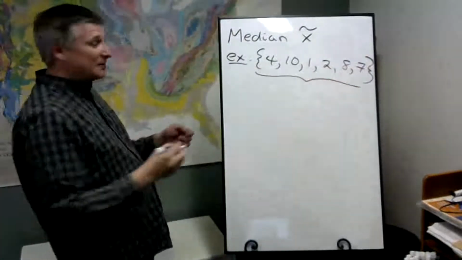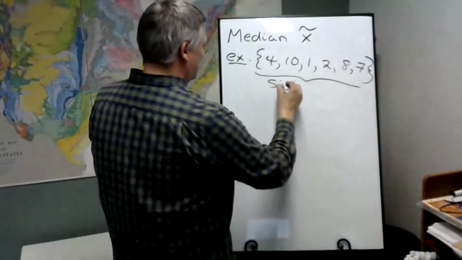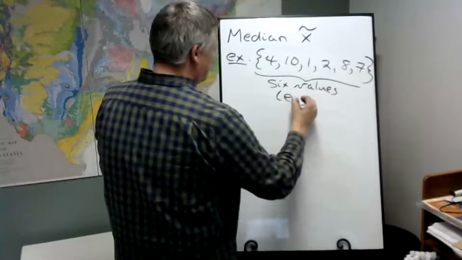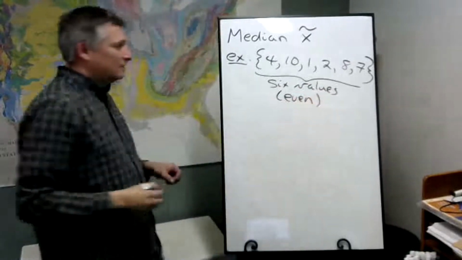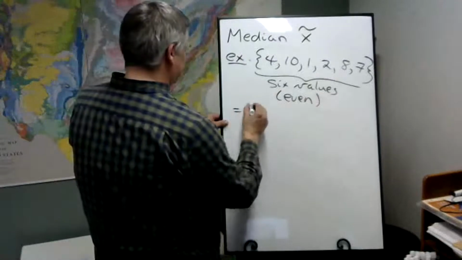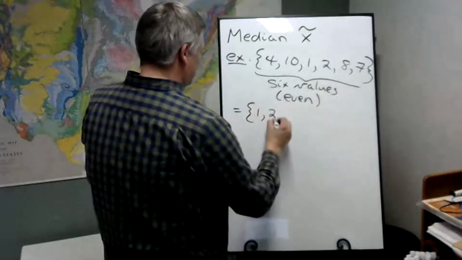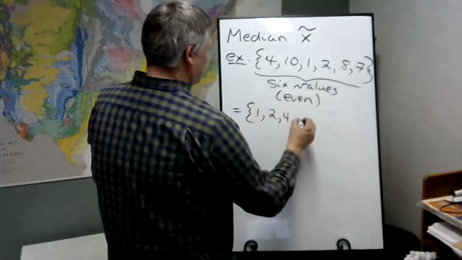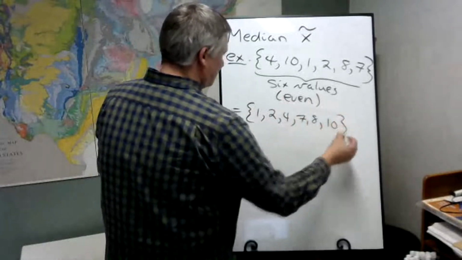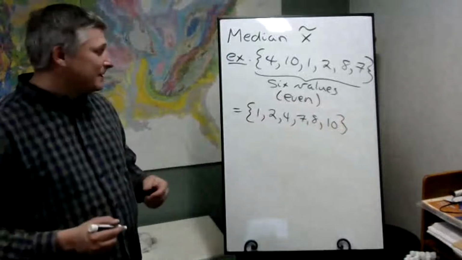If you look at this, there are 6 values, and 6 is an even number. So what we're going to do is put the data in order: 1, 2, 4, 7, 8, 10.